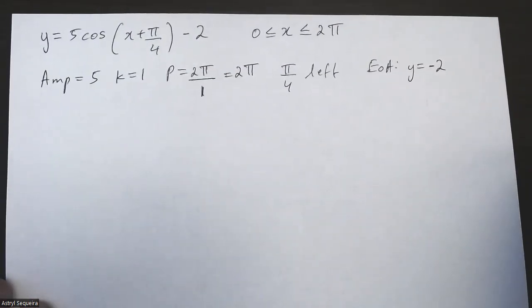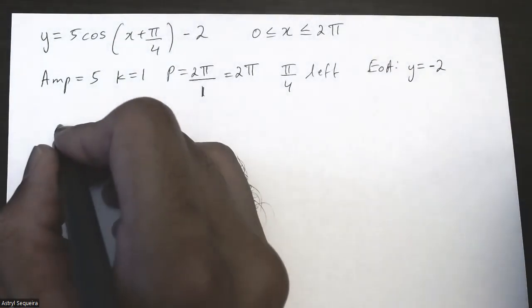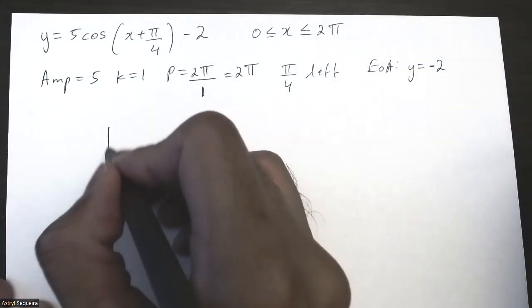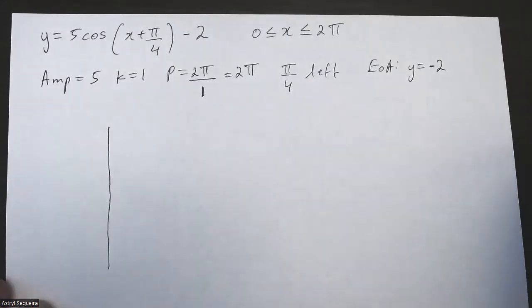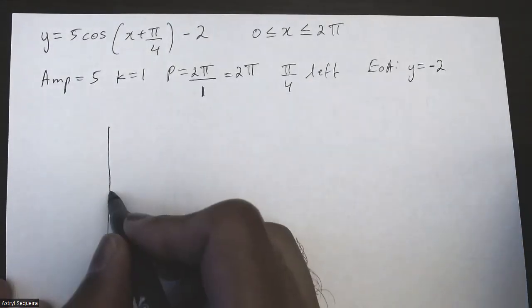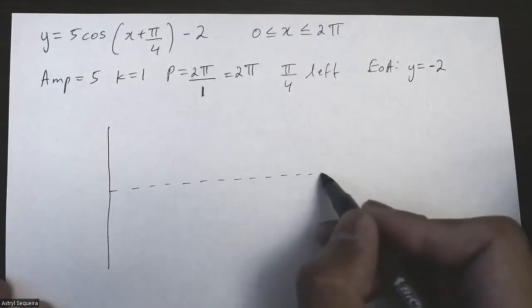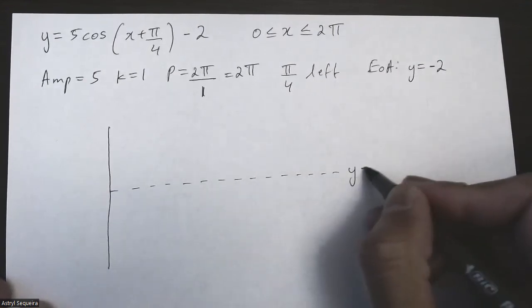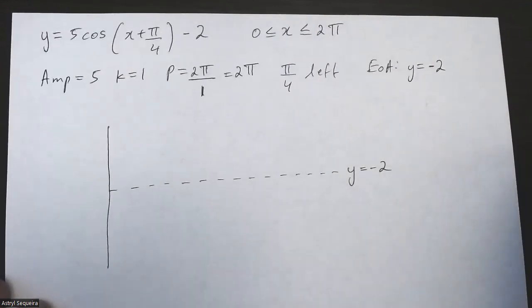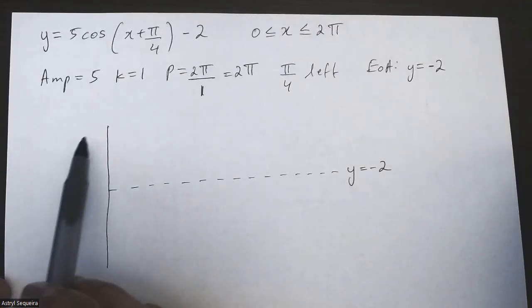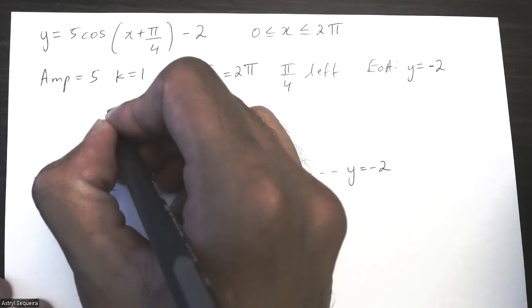So now that I have this down, I always start my sketch with my y-axis. And then I put the equation of axis as a dotted line in the middle. So in this case, the equation of axis is just -2. Then I find my maximum and my minimum.